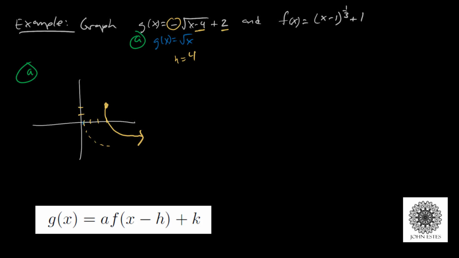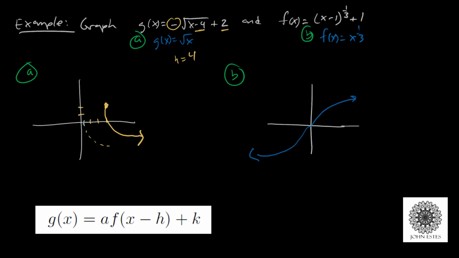Now for part B, we do the same thing. What function am I comparing this to? I'll probably compare it to f of x equals x to the 1/3 power. If you remember, it looks like a square root going in both directions, so something like this. Now, what are these other values? Here a is 1, so that means I don't have any sort of change in the way it's condensed or broadened or flipped upside down.